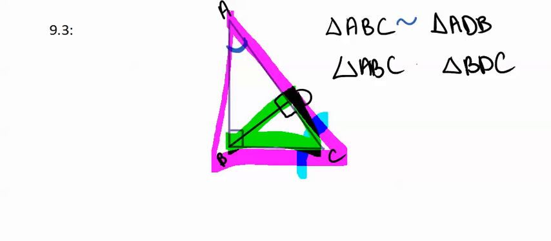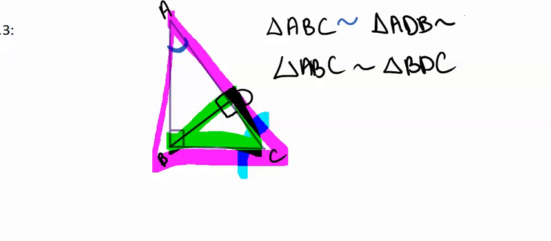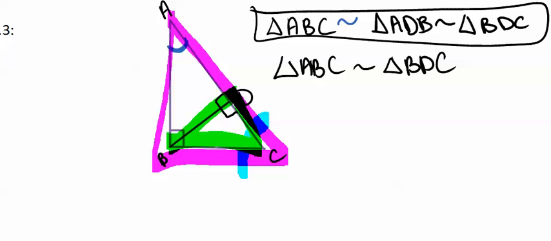Meaning, again, these two are going to be similar. And then based on the transitive property, we can basically then say that all three triangles will be similar to themselves because they're all considered similar to that bigger triangle. We'll be using this in a few examples to find lengths of sides based on their proportions.